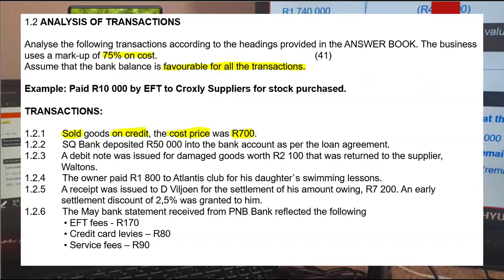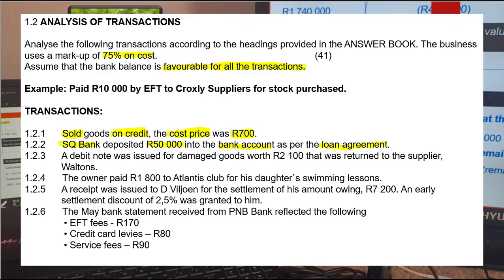We've got 1.2.1. SQ Bank deposited 50,000 into the bank account as per the loan agreement. Note that here we actually took a loan from SQ Bank. So they deposited 50,000 rand into our bank account as per the loan agreement.